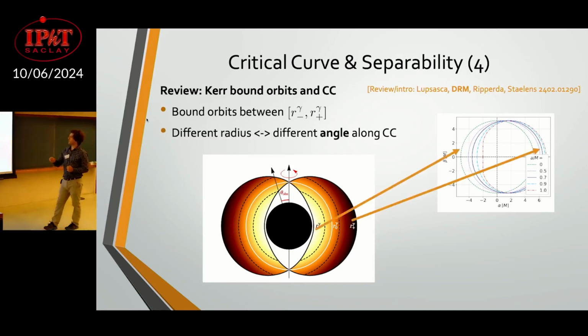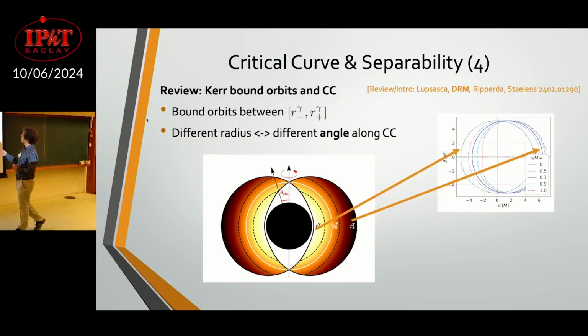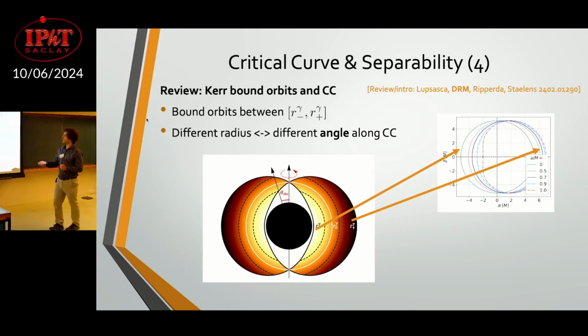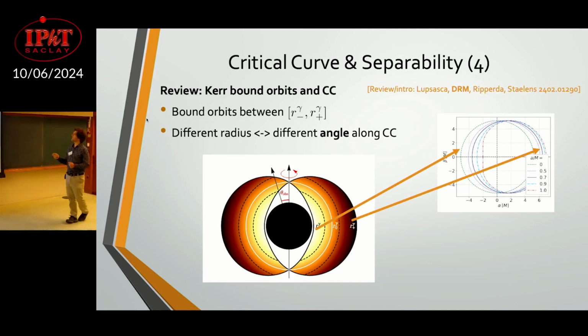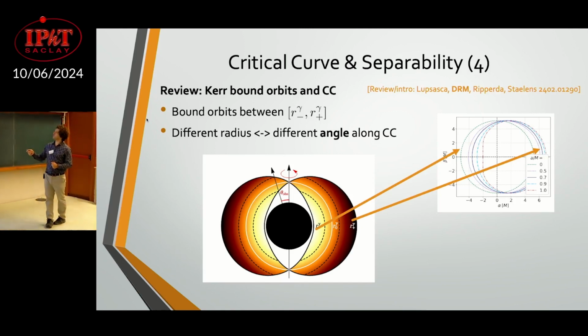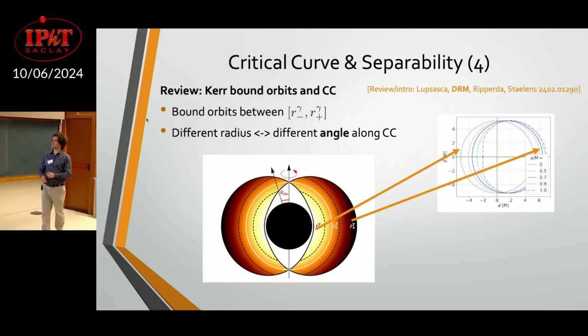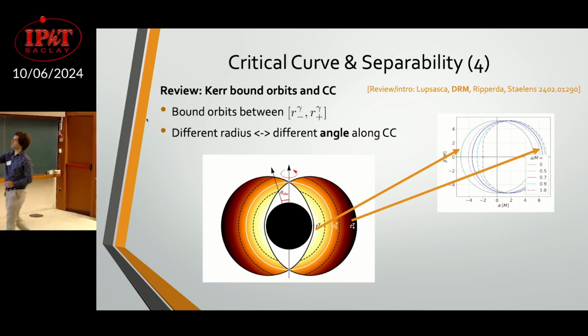And if you then look at how this maps to your critical curve, as I said before, if you take a different radius of bound orbit, this maps to a different point, a different angle along the critical curve, which again is something really crazy. If you just travel around a critical curve, you're changing the angle at which you're viewing, but you're probing a different radius in the black hole geometry. Okay, so this is the Kerr story.